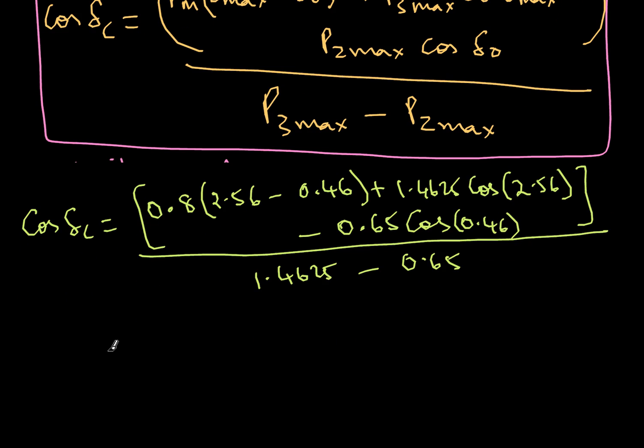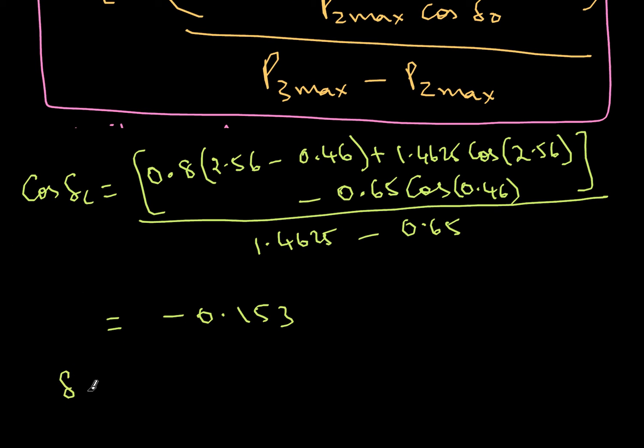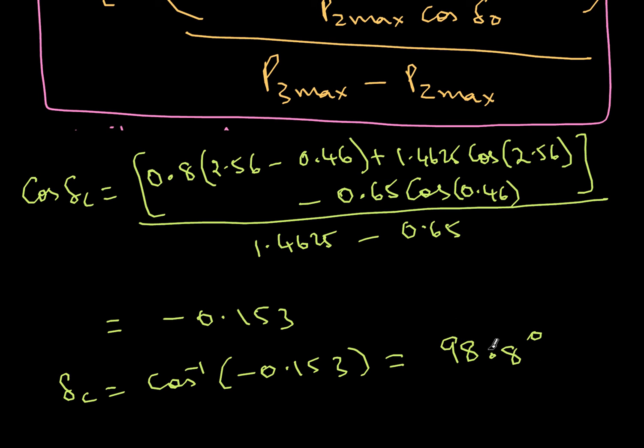If you calculate this, the answer turns out to be minus 0.153. So delta C is cos inverse of minus 0.153, which will be 98.8 degrees. So this is the critical clearing angle.